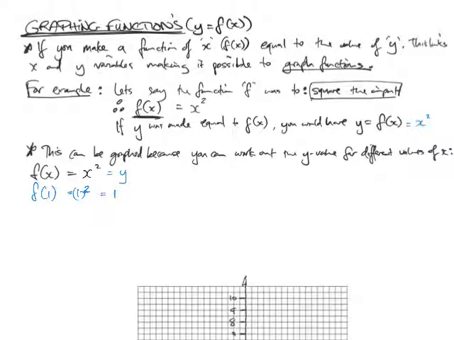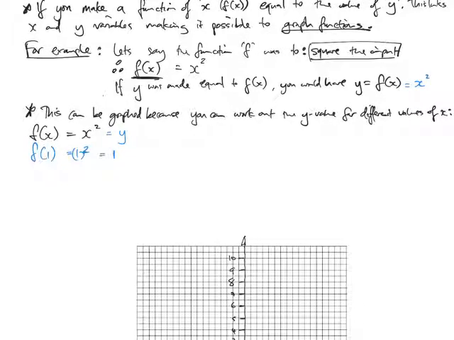So that's our first y. f of 2 is going to be 2 squared, and the y value, therefore, because all of these are going to equal the y values on the Cartesian plane, is going to be 2 times 2, it's going to be 4. What's f of 3? It's going to be 3 squared, it's going to be 9.